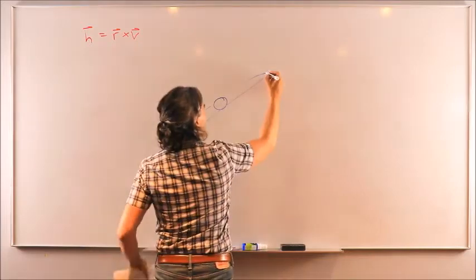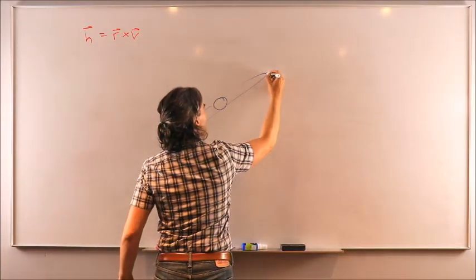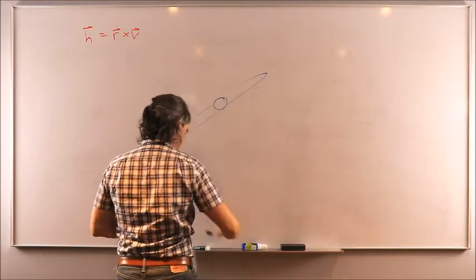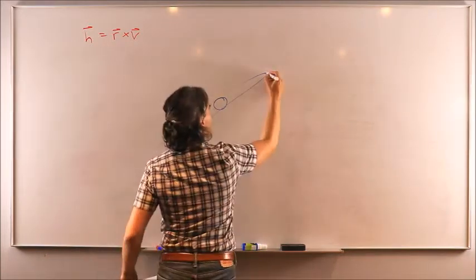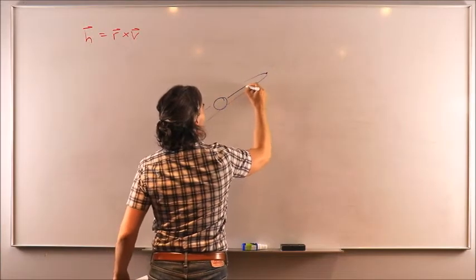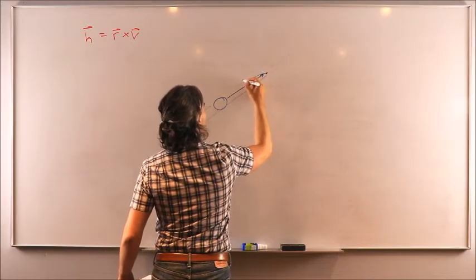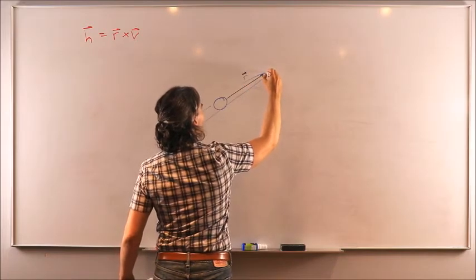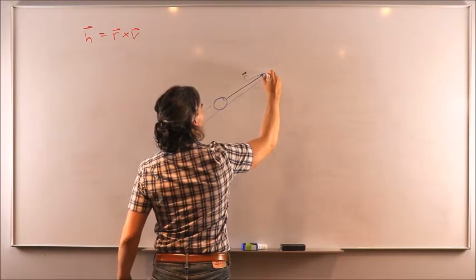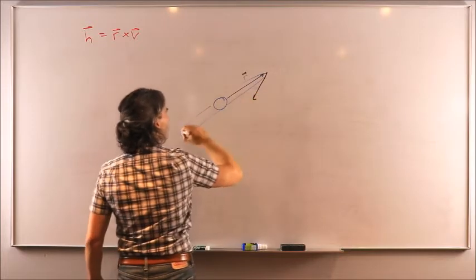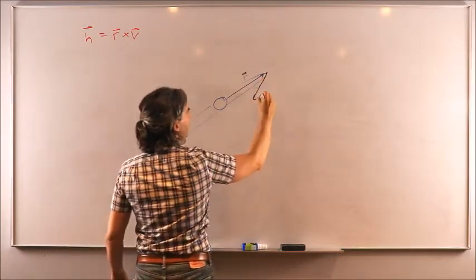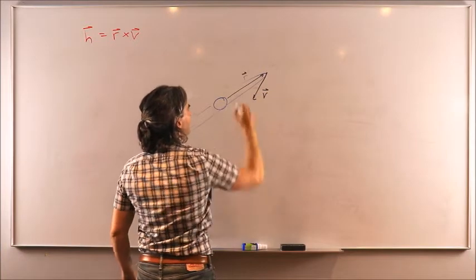If you have, at that point in time, the position vector of the spacecraft r, and you happen to have the velocity, say, going down here, so the orbit is going counterclockwise around the Earth like that, that is the velocity vector.